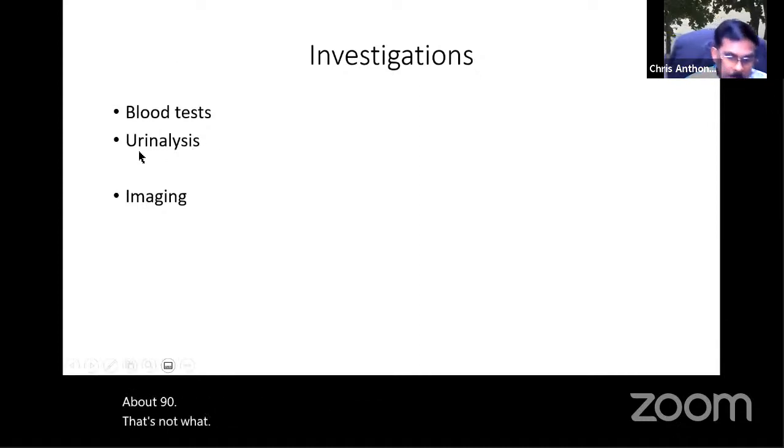What about urine analysis? Shavina, say something. Do you want to do anything in the urine to look for in this patient?